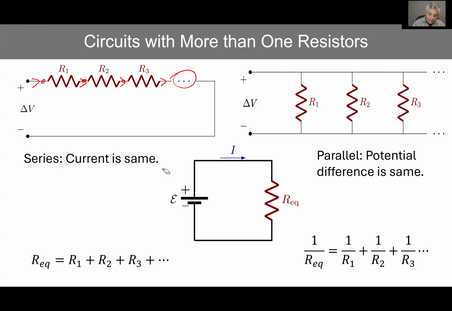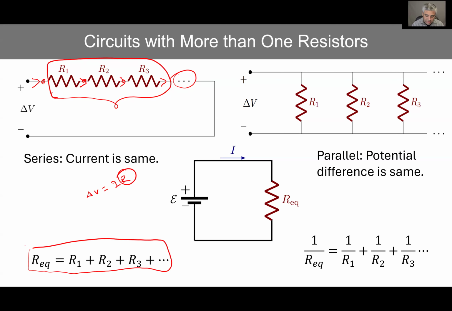What we want to do is use Ohm's law. Ohm's law says delta V is I times R, so we want just one resistance. That means we can combine these and get just one value. We may call that the equivalent resistance, because if we replace these 3 by 1, that is an equivalent resistor.